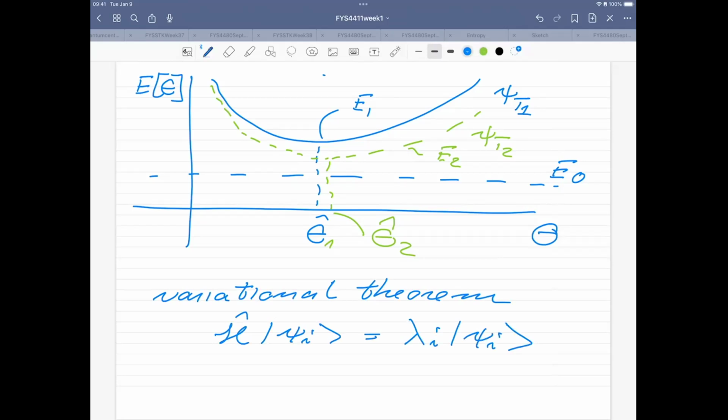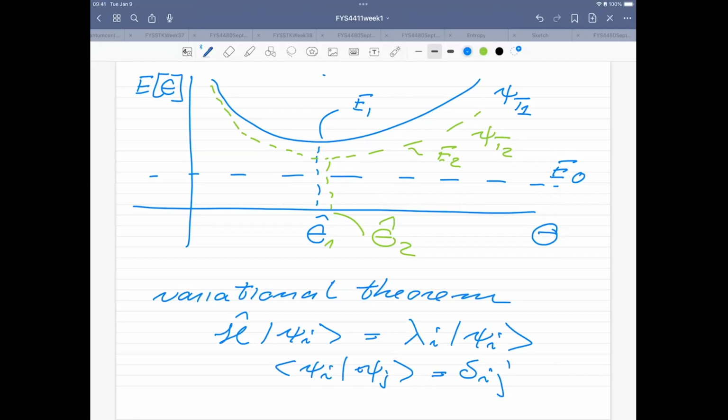And these states, if we look at the norm here, are assumed to be orthogonal and normalized. So that means that when I take the overlap between the states, I should get a delta ij. I guess you're all familiar with the Dirac notation here.